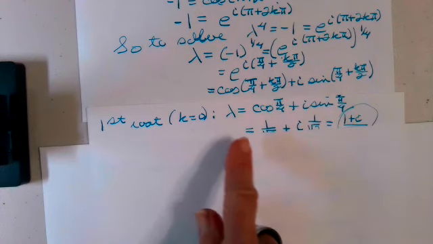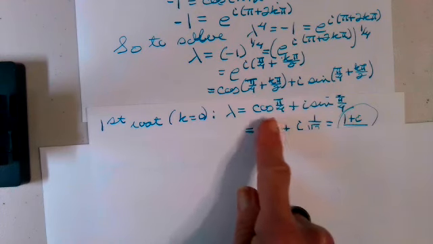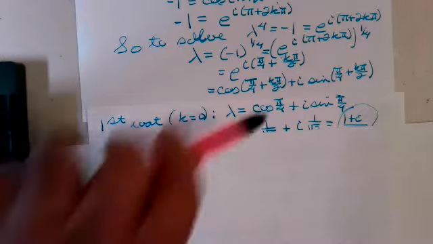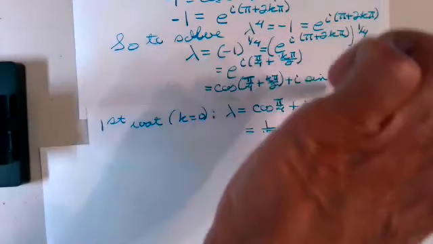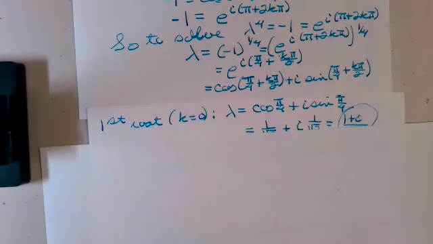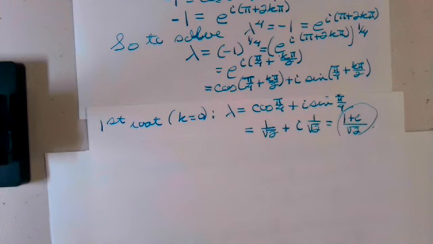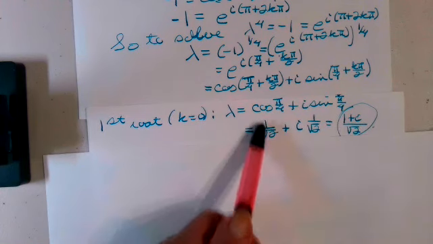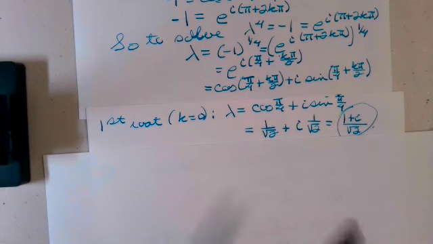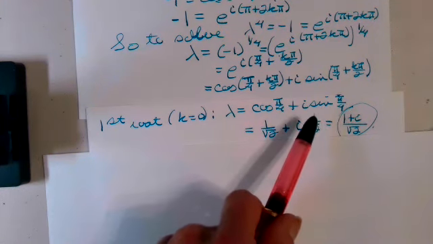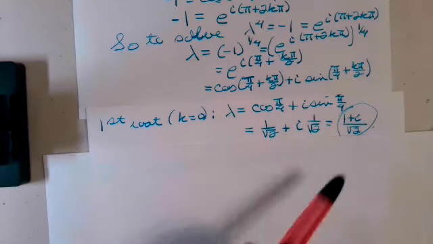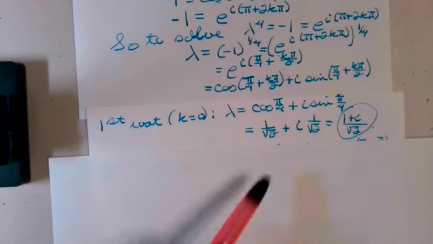So when I take k equals 0, I get lambda is cosine of pi over 4, because k is 0, plus i sine of pi over 4. And now what's the cosine of pi over 4? 1 over the square root of 2. And what is the sine of pi over 4? 1 over the square root of 2. So I can write it this way if you like, or you can leave it like that. Either way, whatever makes you happy.